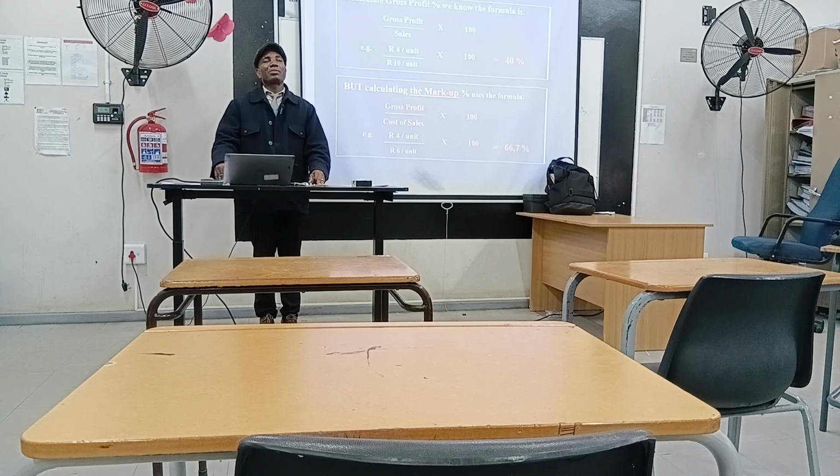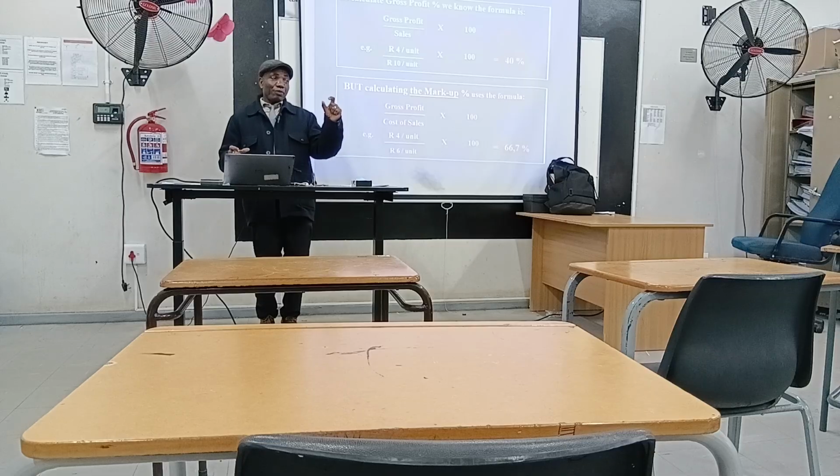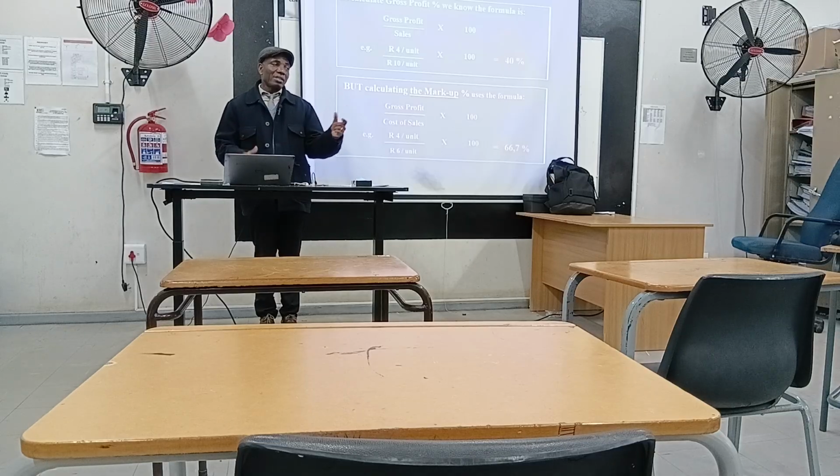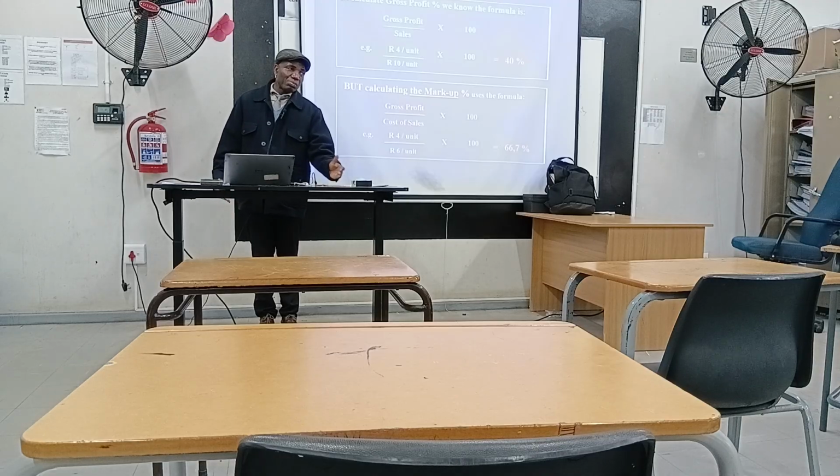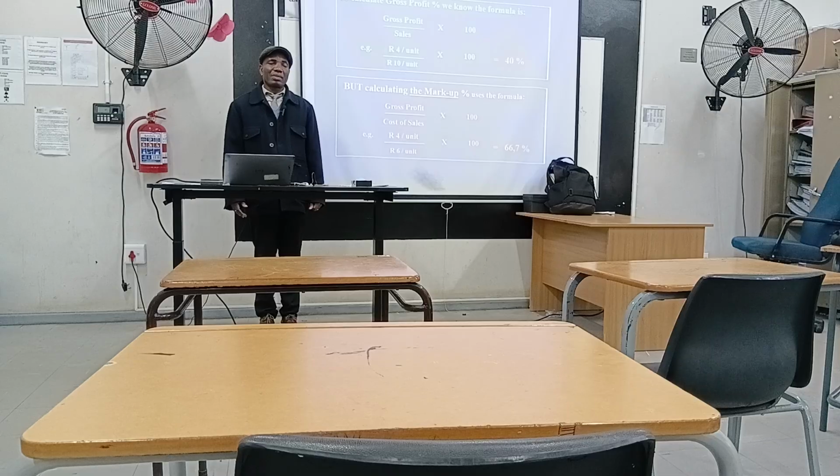Gross profit percentage: you say the gross profit divided by sales times 100. How do you get the gross profit? You take the sales minus the cost of sales.